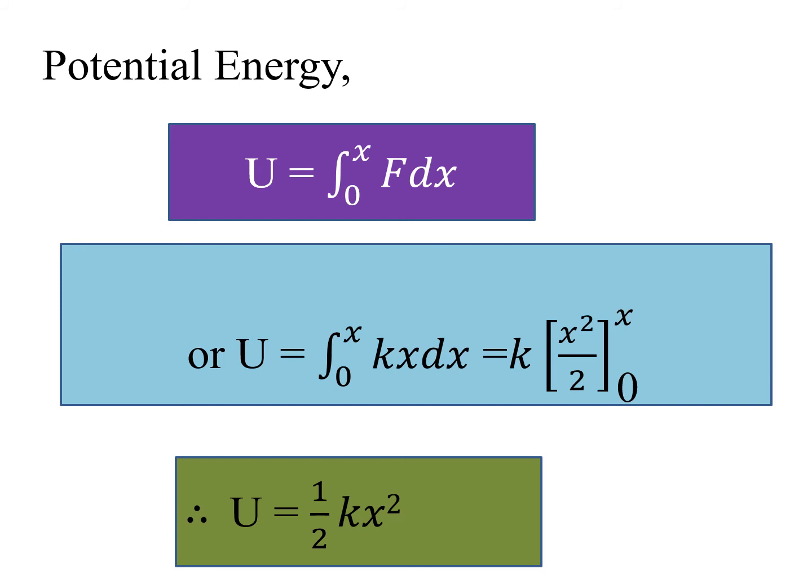finally we can write E equal to half k x square. k is the spring constant. Okay. In fact, this is our required formula for spring potential energy. For doing mathematics, we have to remember this formula. Okay.